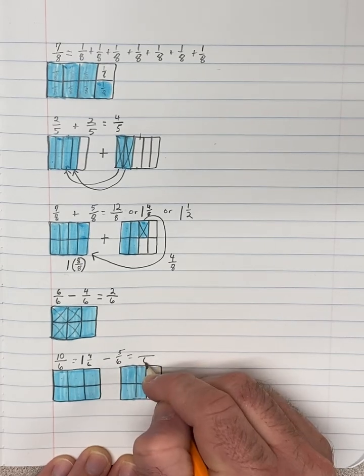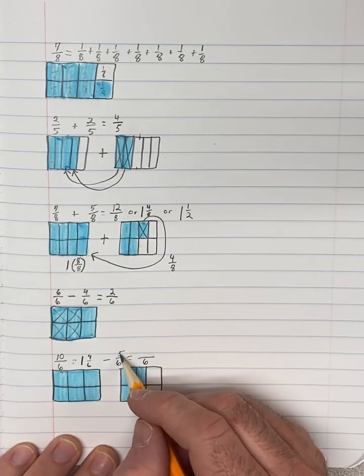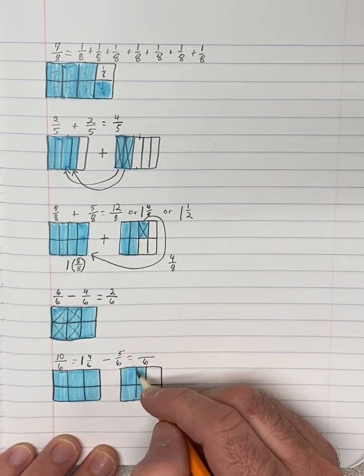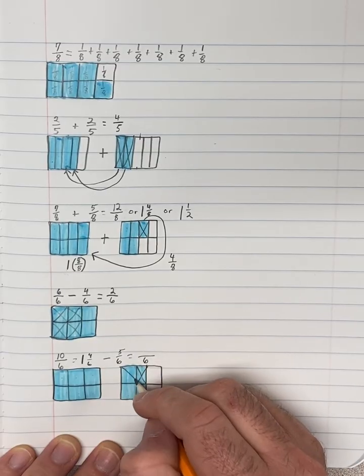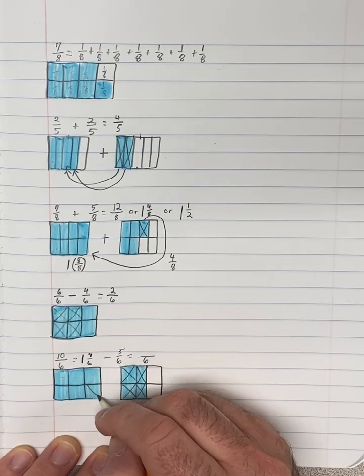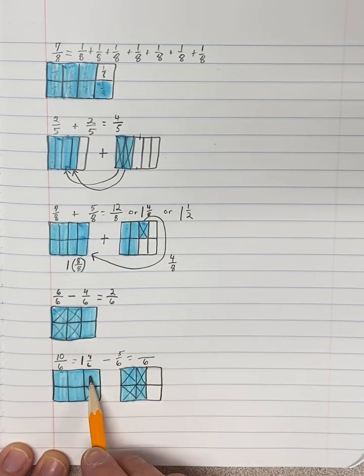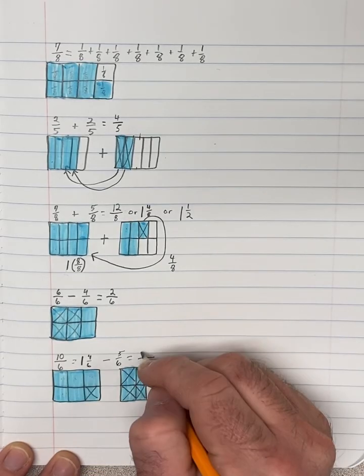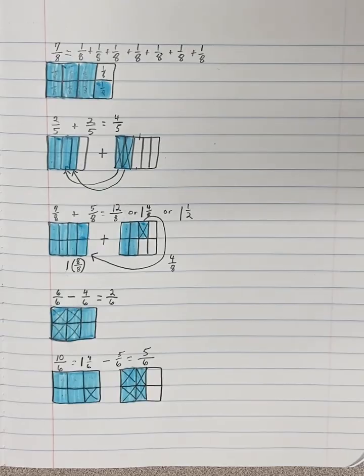They're all part of one model divided into the sixth. So now let's subtract 5/6 from 1/6, 2/6, 3/6, 4/6, 5/6. And I'm left with 1, 2, 3, 4, 5/6. Thank you, and I hope this helped.